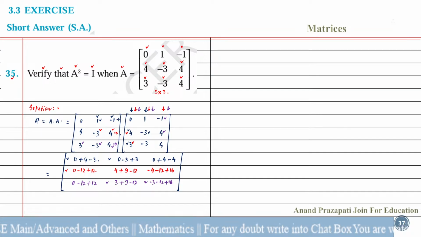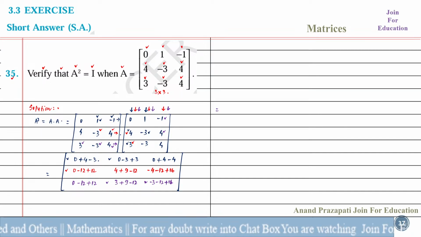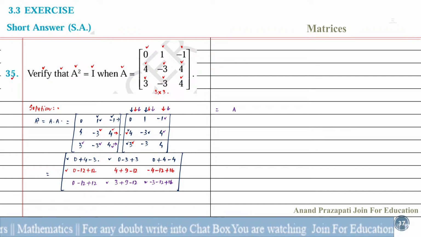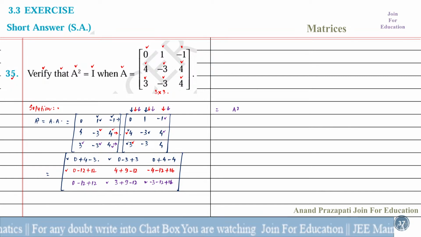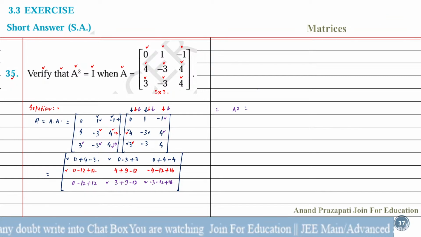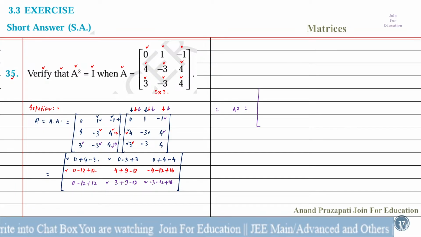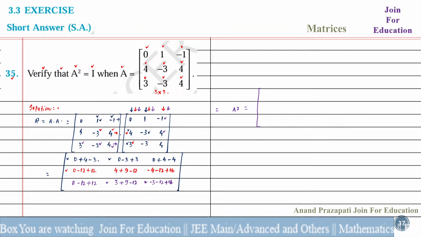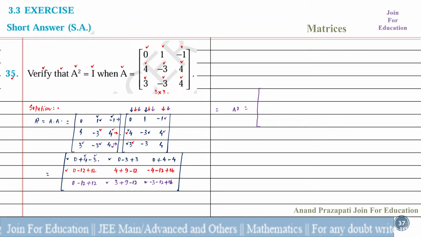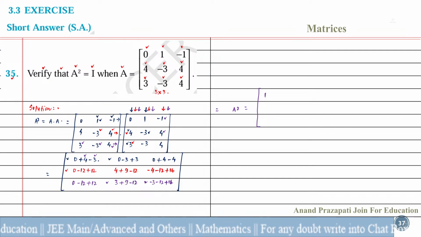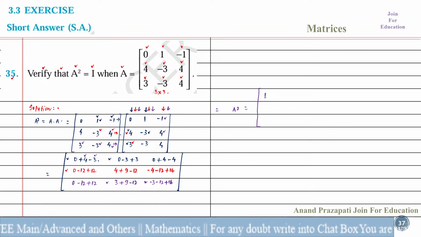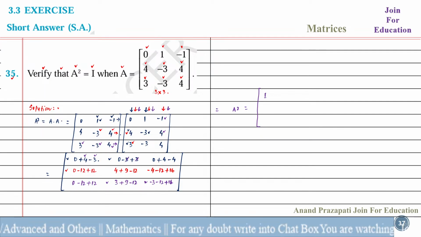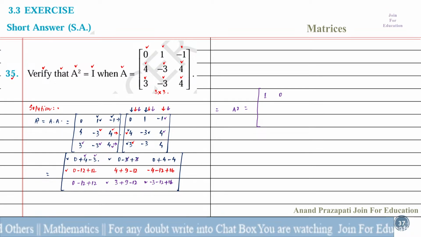So the next step will be A square equal to, we write down here, 4 minus 3 equal to 1. Minus 3 plus 3 cancelled out, so we write down here 0.